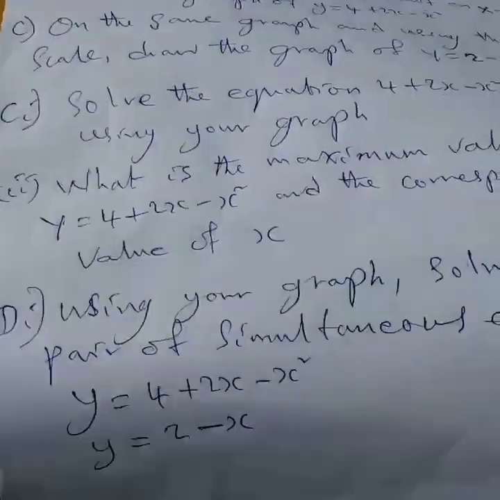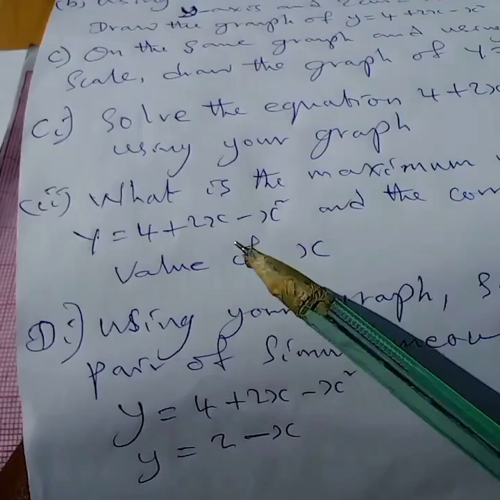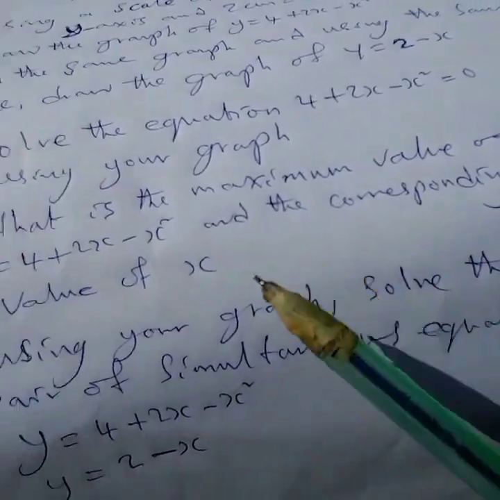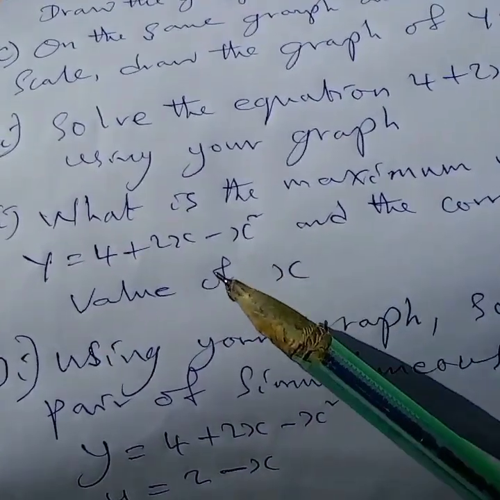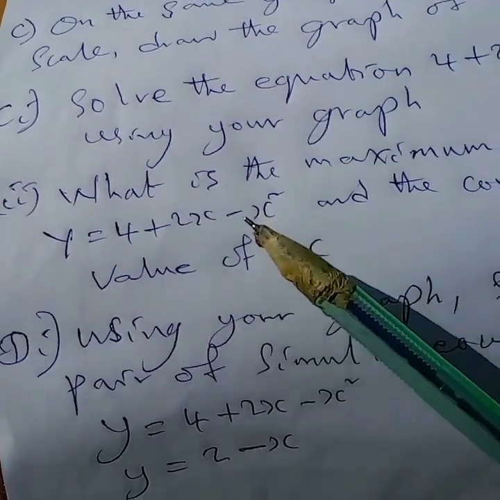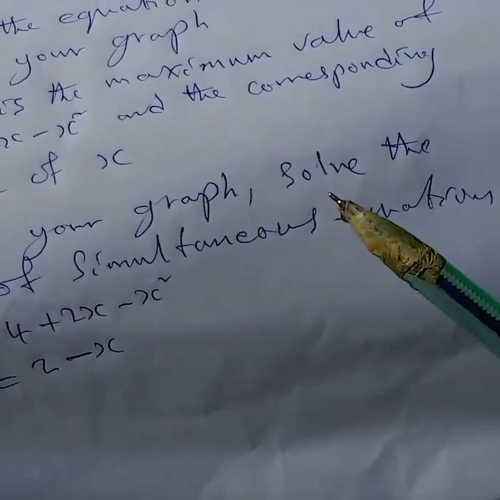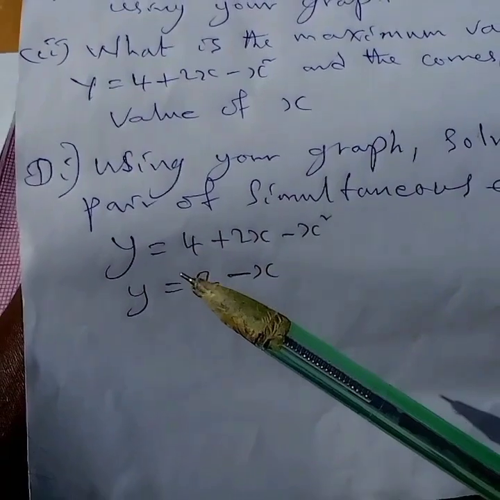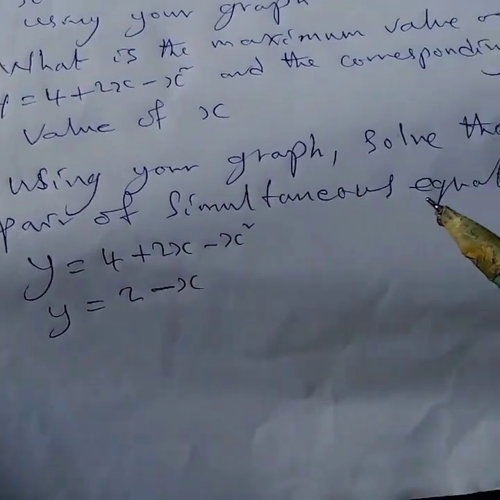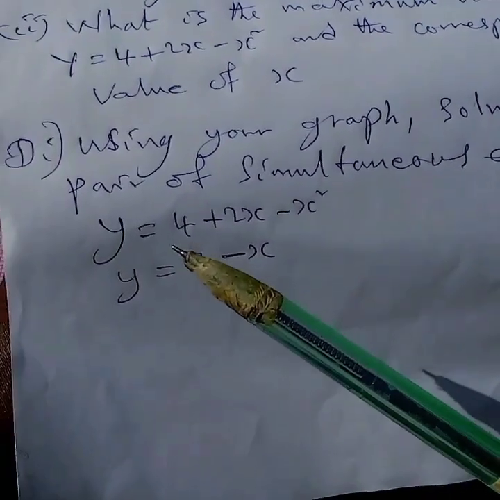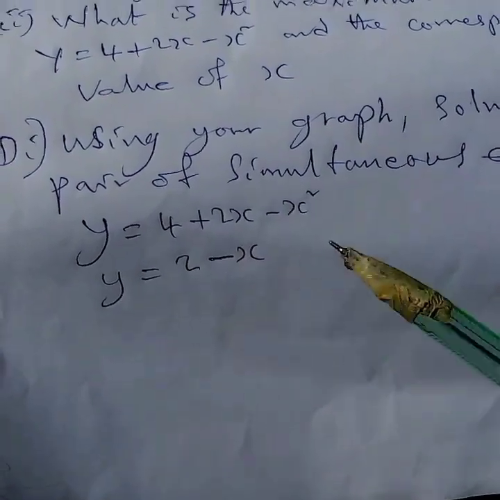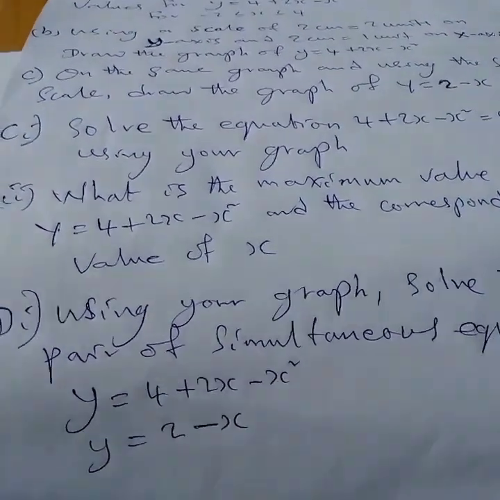I'm trying to project this in a way that you can see clearly what I'm doing here, and the corresponding value of x. So what's the maximum value of this? Then using your graph, solve the pair of simultaneous equations. This is a pair of simultaneous equations we are going to be solving.